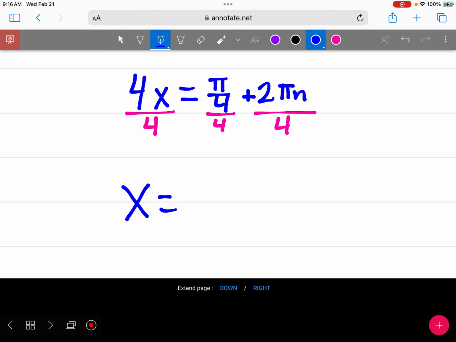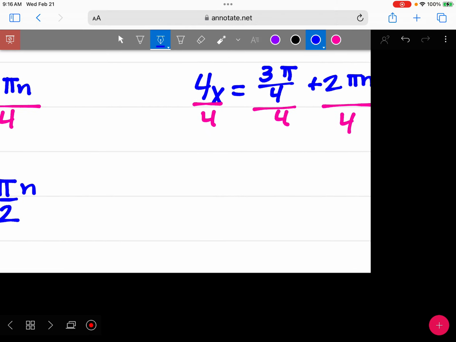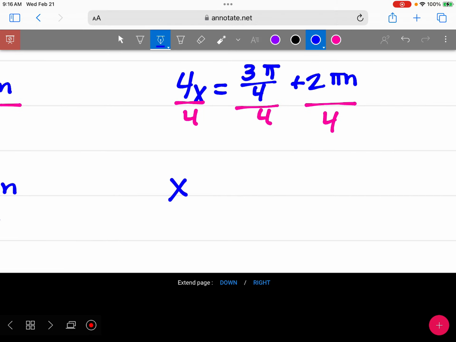So our x is going to equal what? Pi over what? 16 plus pi n over 2. Yeah. So watch out for simplifications.